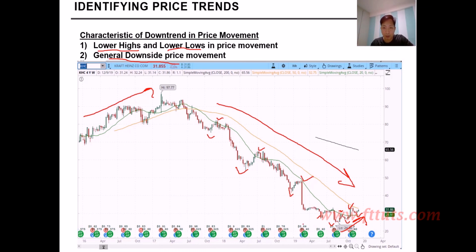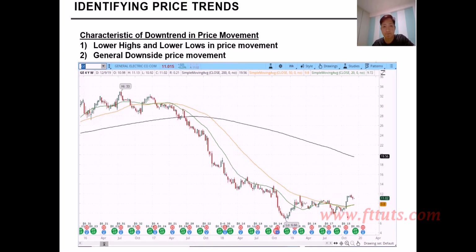Somewhere over here is what we call a DR1 structure that you're going to learn in the subsequent lesson for reversal. So this actually is a DR1 structure for you to go long, and there was a mini uptrend. Okay, so that's how we identify the term uptrend or downtrend in price movement.